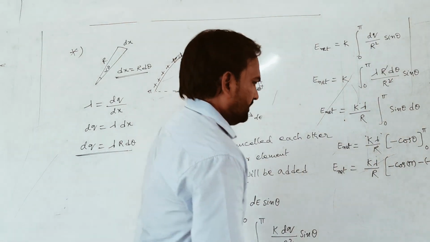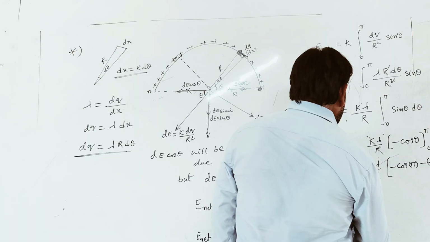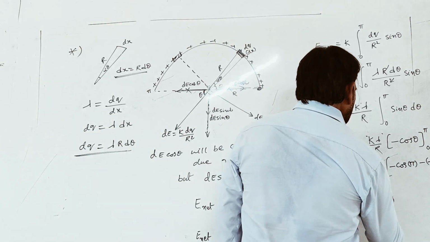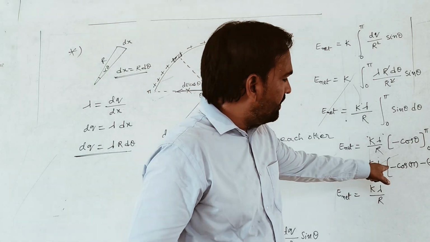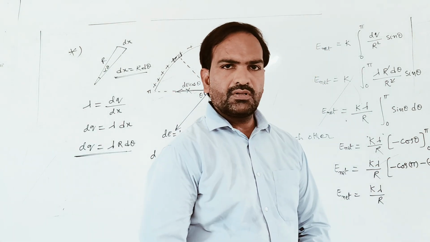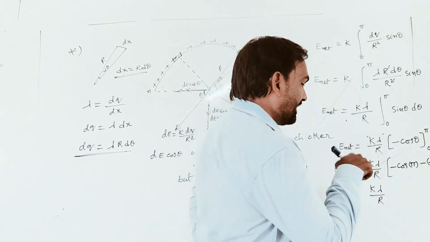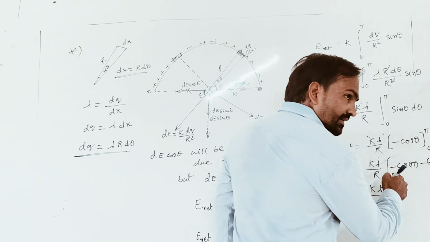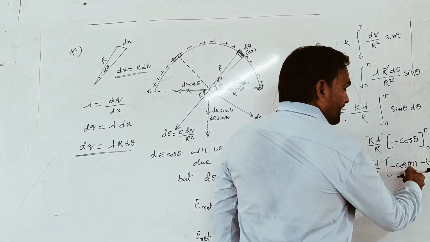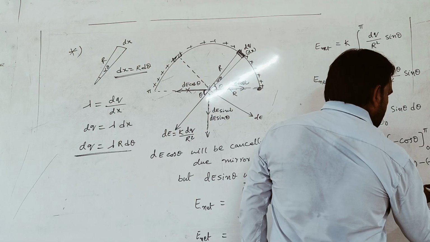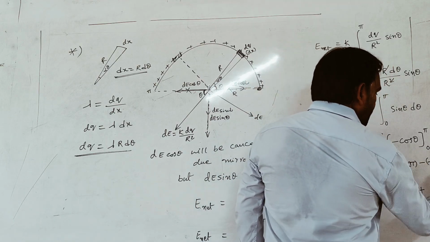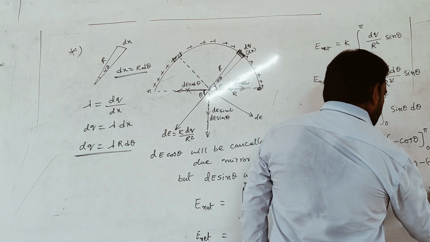Then you write E net is equal to k lambda by r times minus cos pi, and cos 180 degrees is equal to minus 1. Already minus is here, so minus cos 180 is minus into minus 1, which is plus. Cos 0 value is 1. Okay, students.